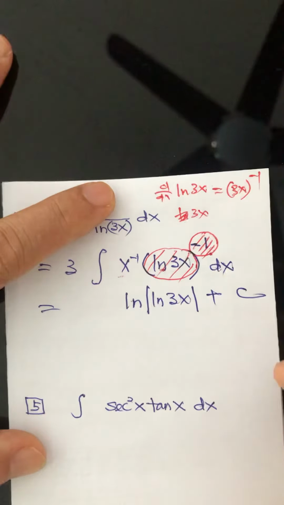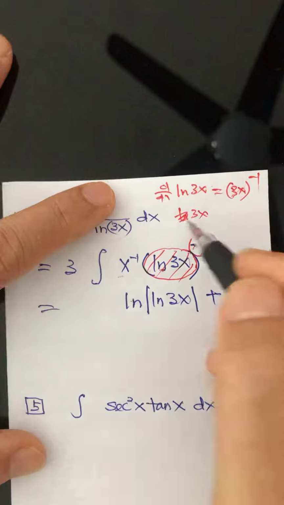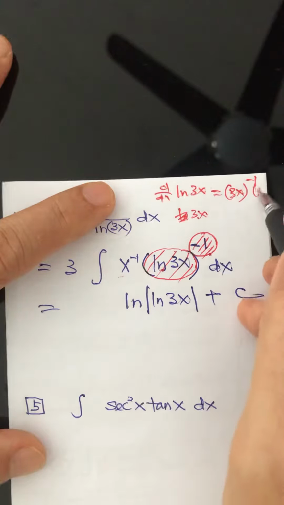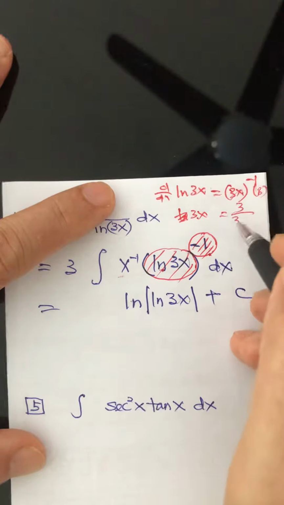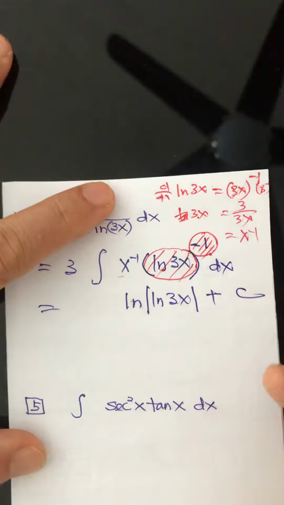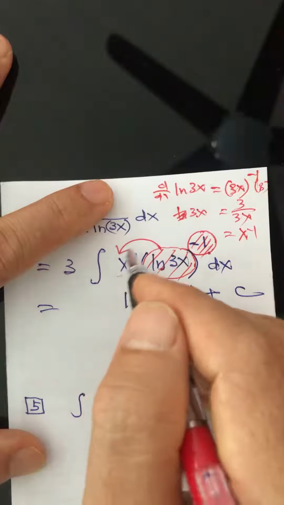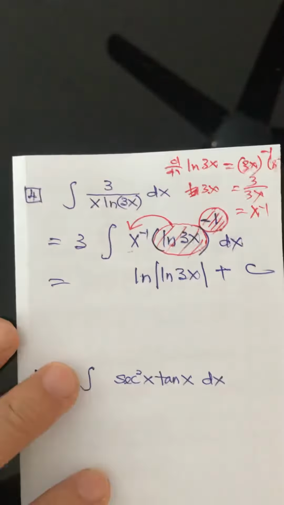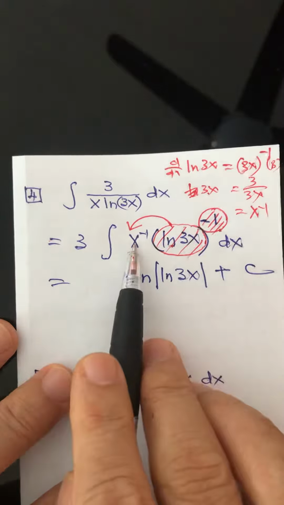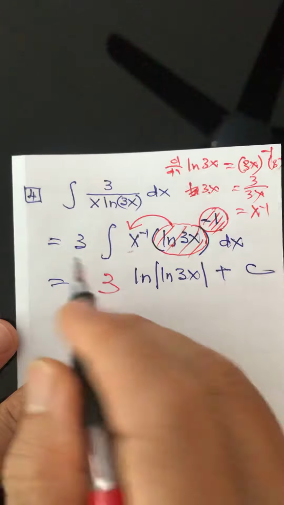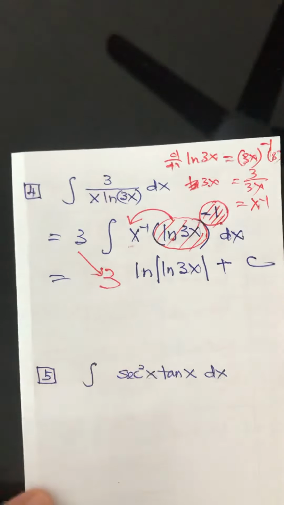First, I differentiate this, so I get (3x)^(-1). Then when I differentiate 3x, I get 3. So 3 over 3x, which is x^(-1). That means it's exactly like this. So I don't have to add anything. Okay, it's exactly the same. So that means this is 3, there is 3. Okay?